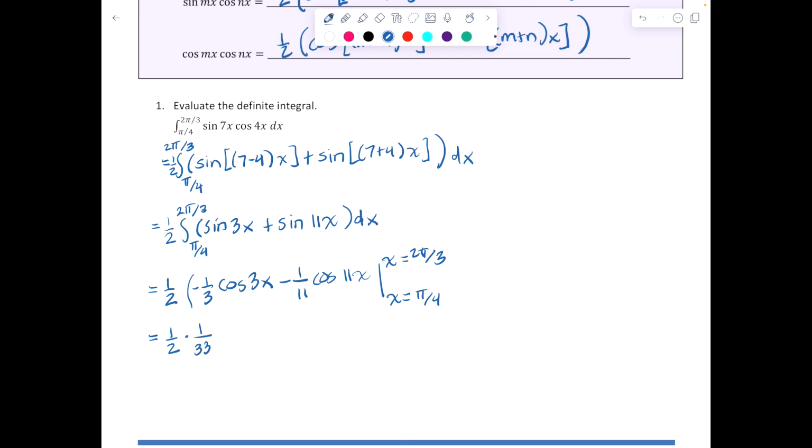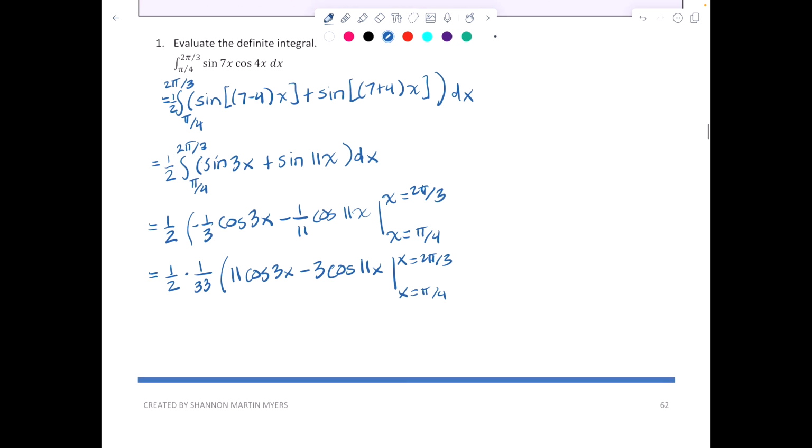I'm basically going to get a common denominator between the terms inside. And so I'll have 11 times cosine at 3x minus 3 times cosine at 11x, going from x is pi over 4 to x is 2 pi over 3. Good so far? Trust me, I did it the other way and it was just really ugly.